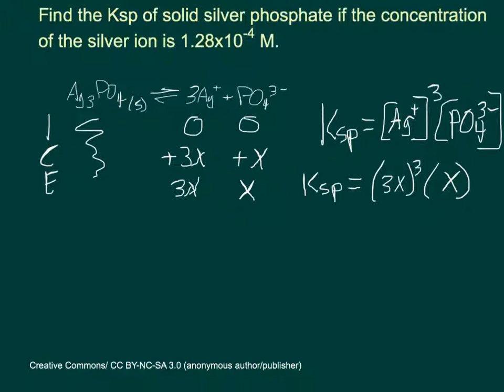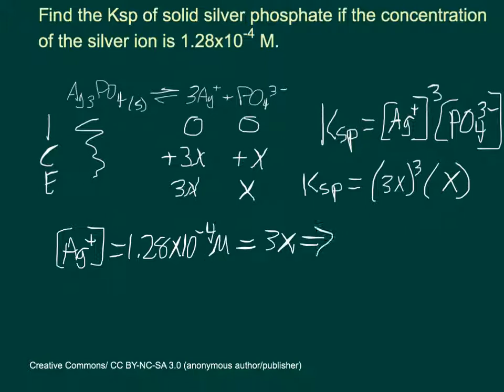So we could simply say that the concentration of silver ion is 1.28 times 10 to the negative fourth molar. That's equal to 3x, and therefore x is equal to 4.26 times 10 to the negative fifth molar. And that, therefore, is going to be equal to my phosphate.